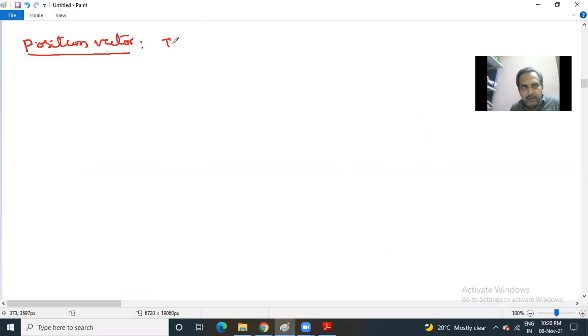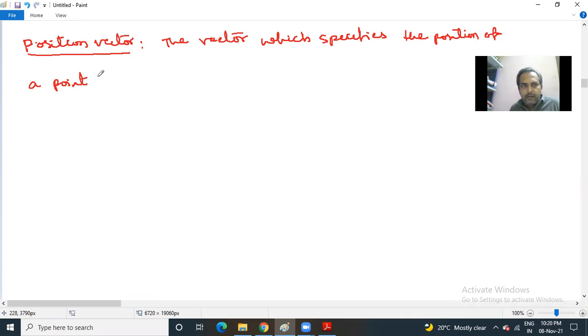So the definition is the vector which specifies the position of a point with respect to some fixed point. So this fixed point, you can call it as like origin.